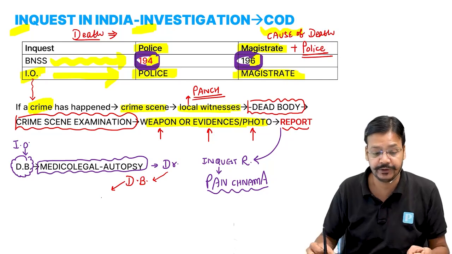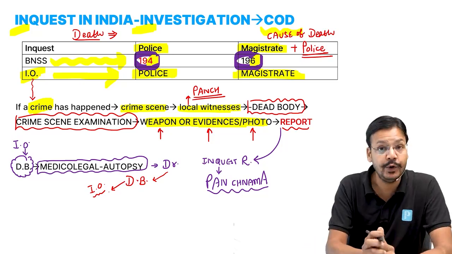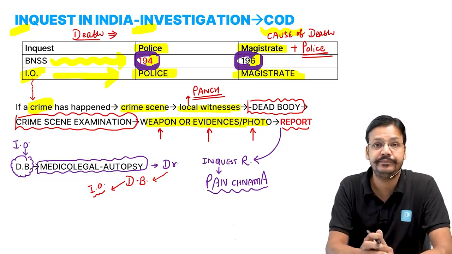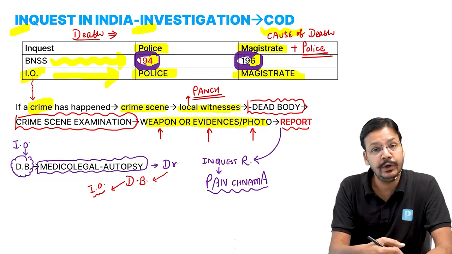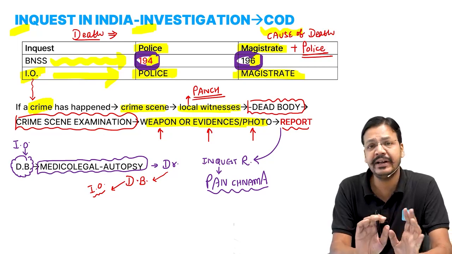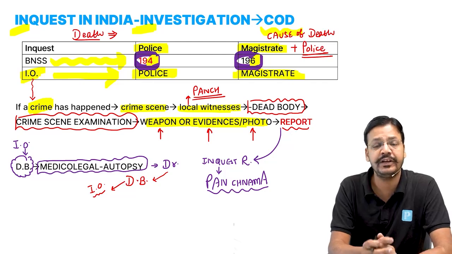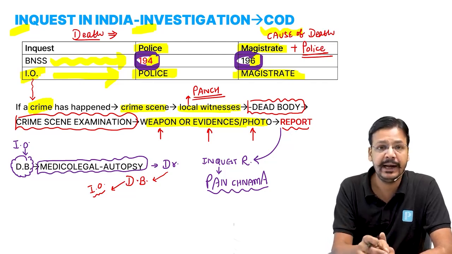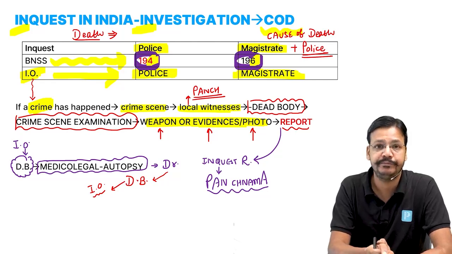This is a medico-legal autopsy, so it will be handed back to the IO, the investigating officer. This is a very, very important part. Police inquest or magistrate inquest, whoever is the IO, they will take the dead body to the doctor for medico-legal autopsy. After the autopsy is done, the doctor hands the dead body back to the IO, the investigating officer.